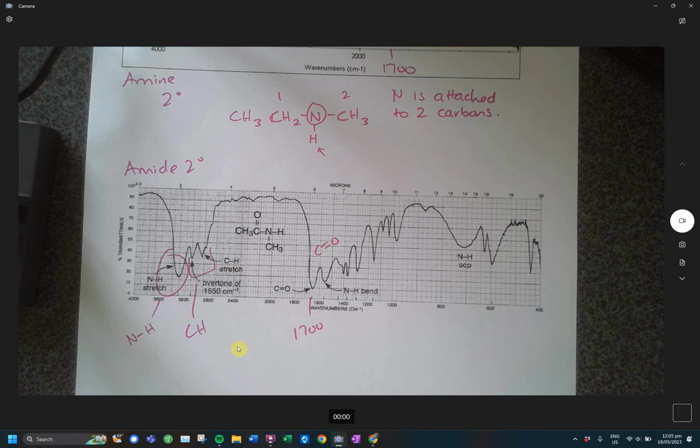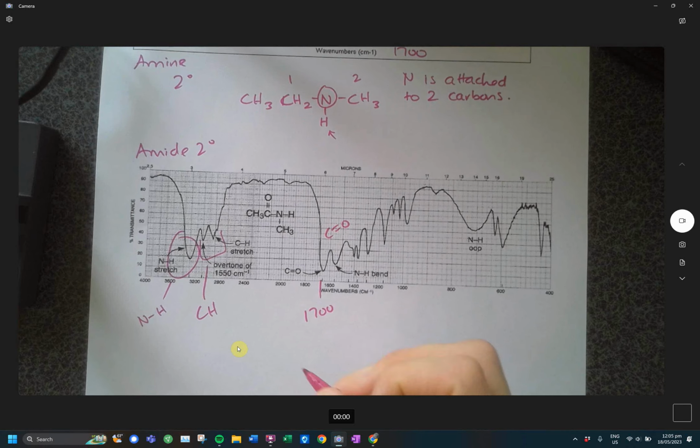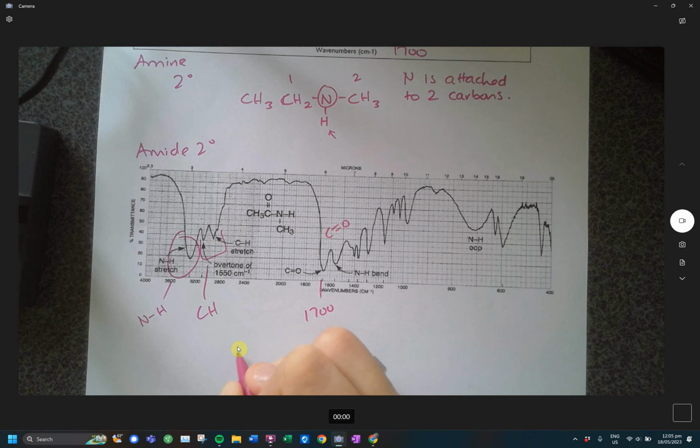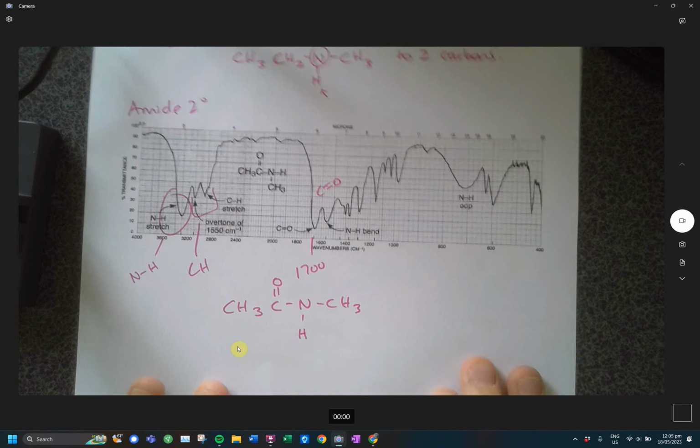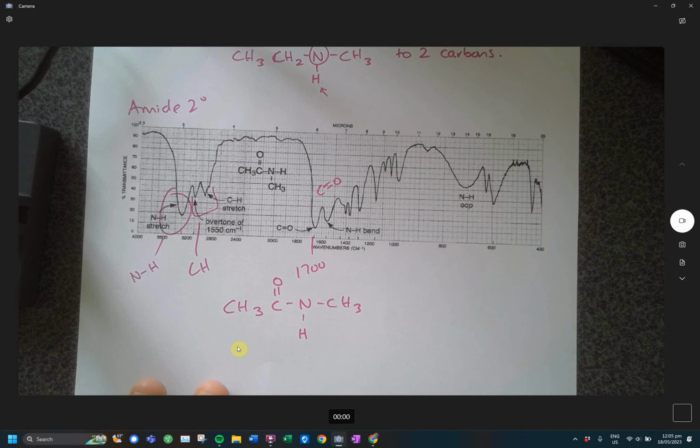Do you want a molecule of a secondary amide just so you know what it looks like? Sure. So it would be like CH3, C double bond O, N, and CH3. So that'd be an example of a secondary one where the nitrogen's in the middle.